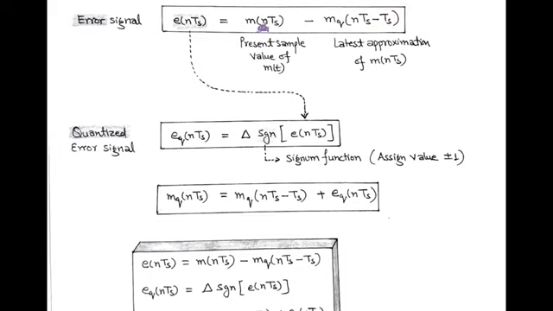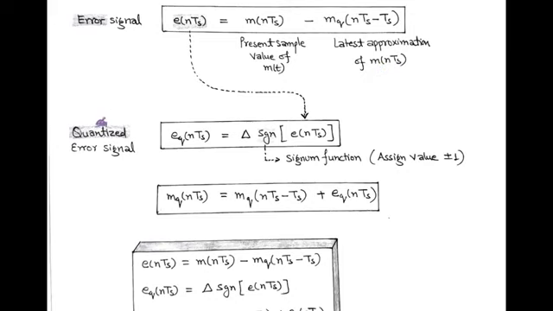Here, m(nTs) is called the present sample value of the modulating signal m(t), and mq(nTs - Ts) is called the latest approximation of the sampled version of m(t). So the error signal for delta modulation is denoted by e, and it is the difference of the present sample value of the modulating signal minus the latest approximation of the sampled version of the modulating signal m(t).